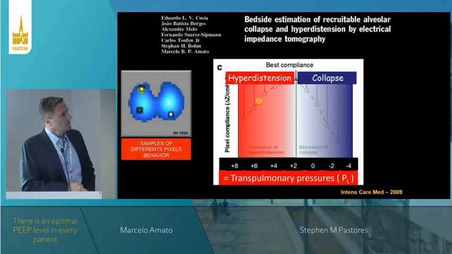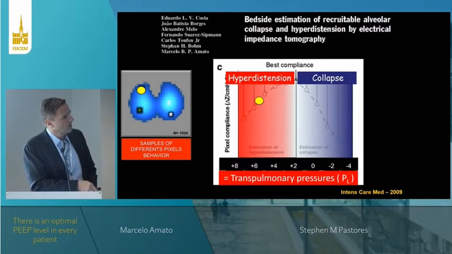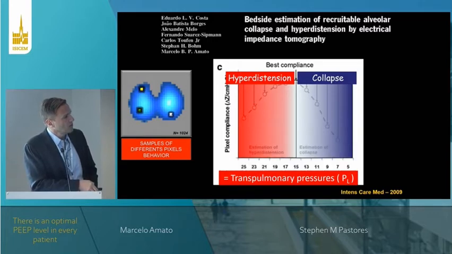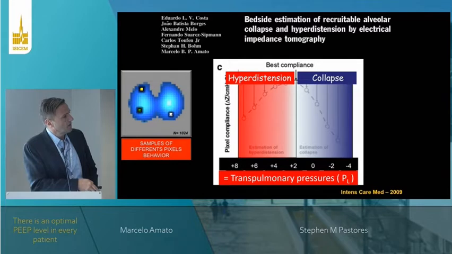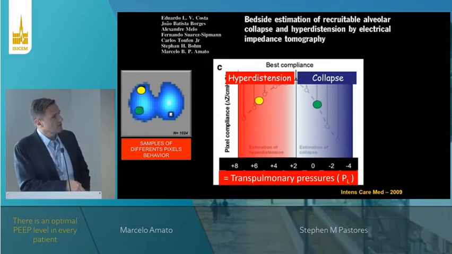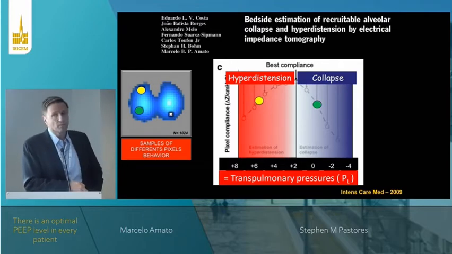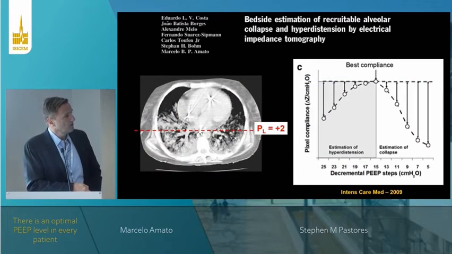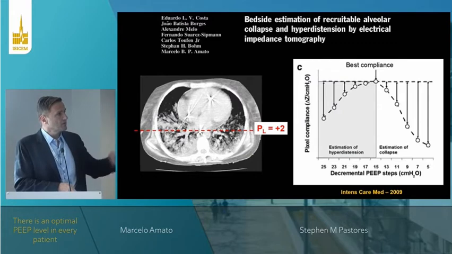And now the yellow is going to be at a positive transpulmonary pressure. For instance, if I'm using this PEEP level, which is 15, the yellow is going to be at a transpulmonary pressure of +4, hyperdistended. The green is going to be at a -1 or -2 transpulmonary pressure, and it's going to be collapsed.